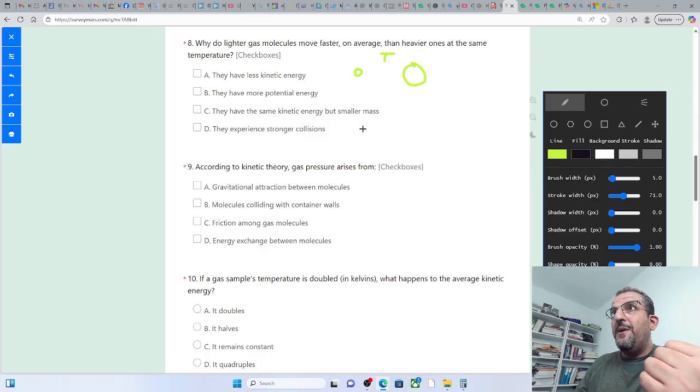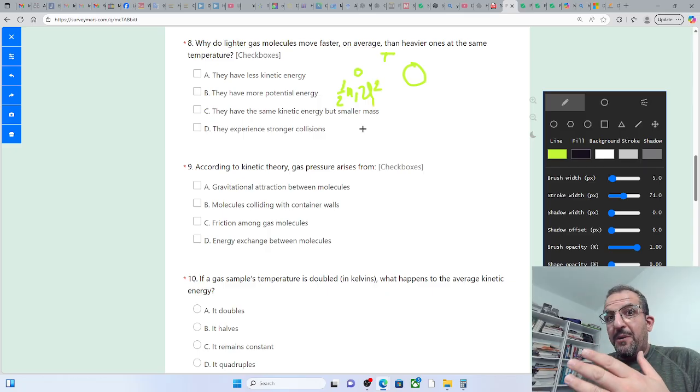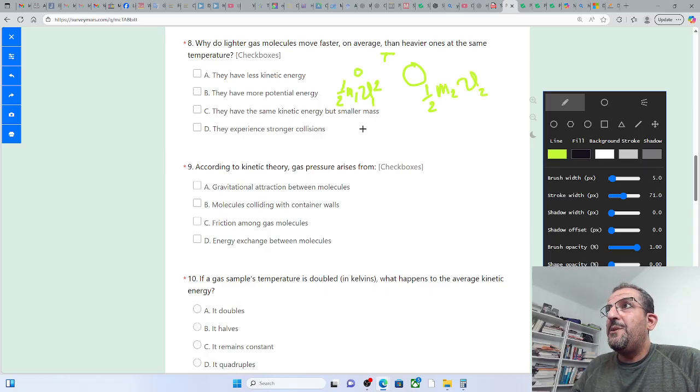Okay, so we see this particle moving with a kinetic energy of 1/2 m1 v1 squared, and the second particle, which is a large molecule or particle, you will see it's moving with 1/2 m2 v2 squared. So we know that m2 is large and m1 is small.